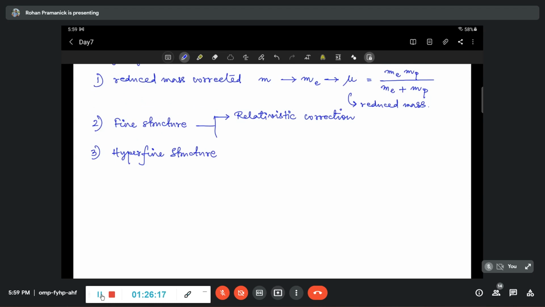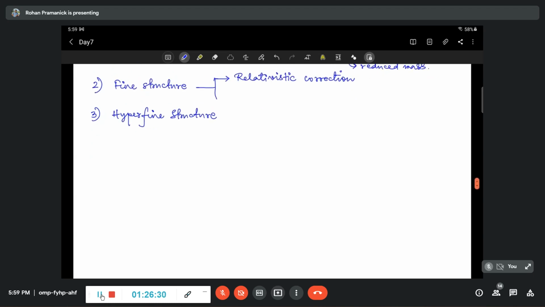Yes, sir, you know this. So in that case there should be a correction in the speed, and we need to take this into account using the relativistic correction. And another thing is the spin orbit coupling.